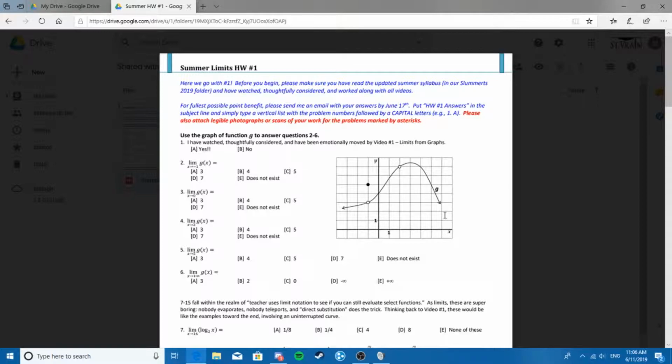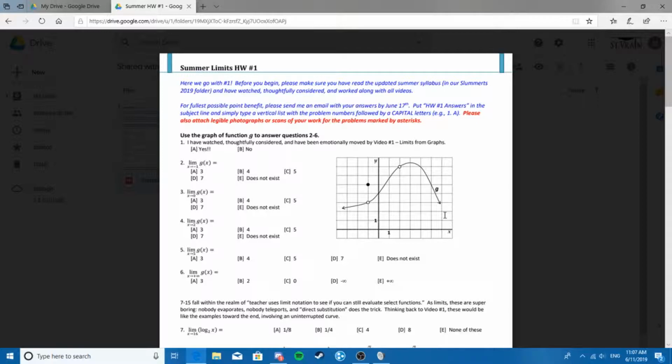The limit is not responsible for where it is, it's only responsible for where it's approaching. So it doesn't matter if it's a point included, a point not included, or a point way somewhere else, away from the line, away from the function.